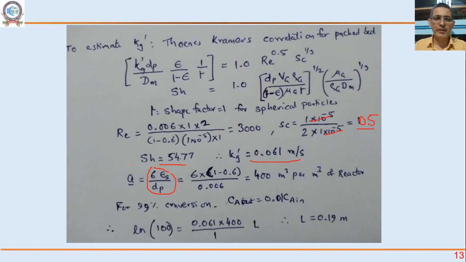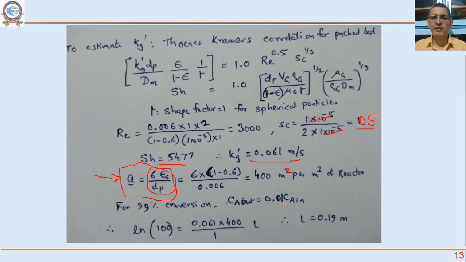Think about where this comes from. Just logic. So the interfacial area is 400 meters squared per meter cubed. This is squared, it's not very clear in the slide, but it is 400.